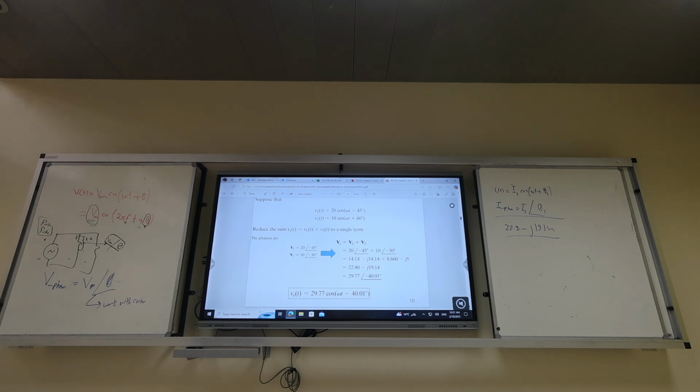Shift 3. Shift option. Some calculators you have to click option. If you don't know, come to my office. Okay? Do it again.